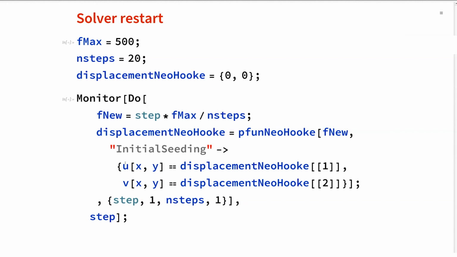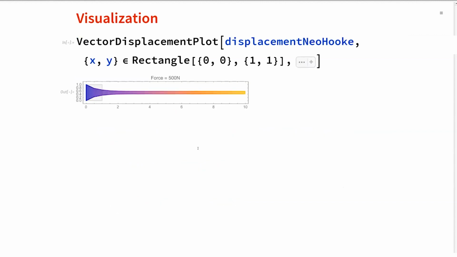But once we get to the second step, it is going to be 500 by 20 times 2. Now the parametric solver will use the initial seeding from the previous step. So that's a way you can slowly move the solver to the final 500 newtons, and then you can get to a solution.